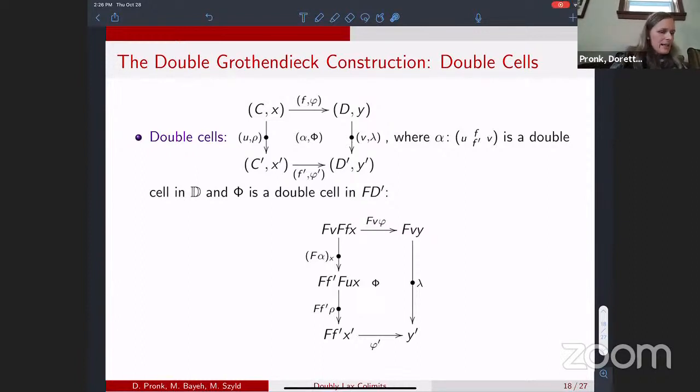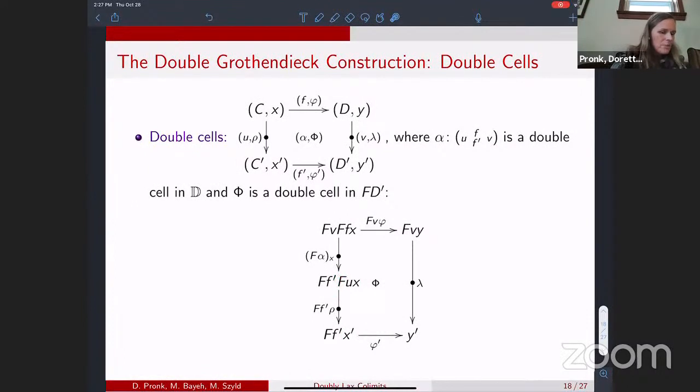So it's clear that we have the lambda going from FVY to Y primed. We have the phi primed clearly going from FF primed X primed to Y primed. Then we start working our way up and we see that FF primed of rho, so rho itself was going, of course, from FUX to X primed, but FF primed of rho will then go between the two images.